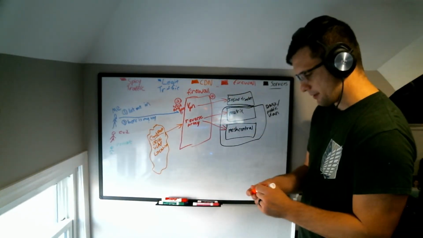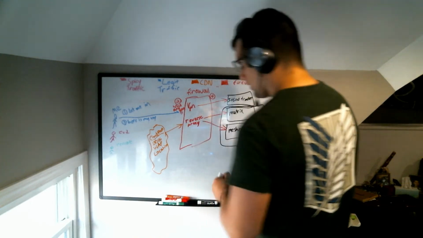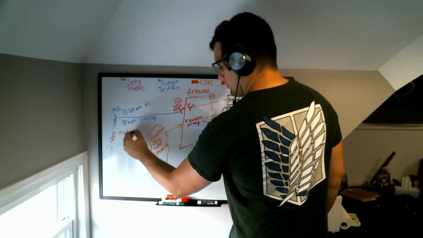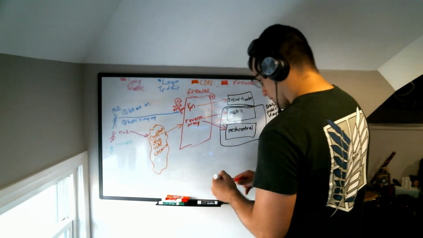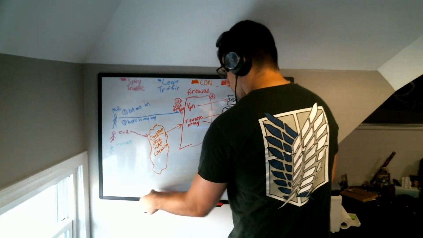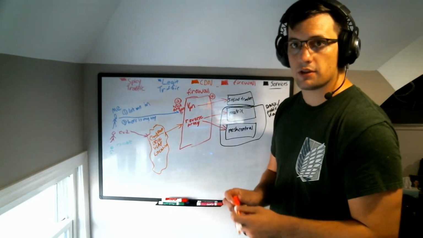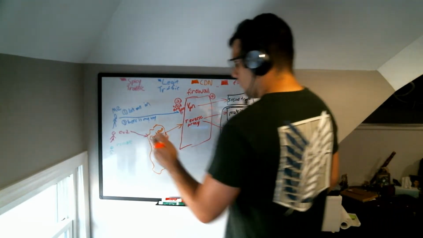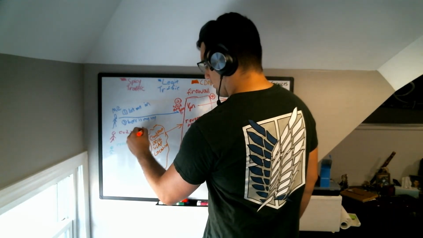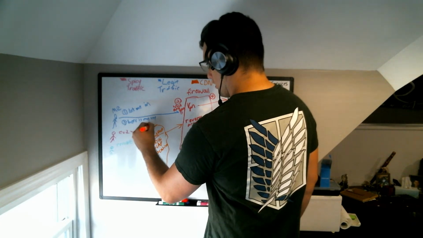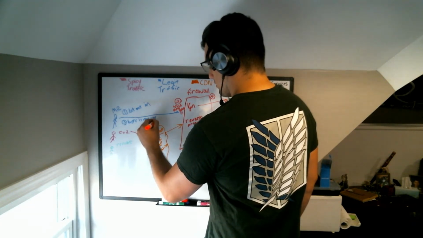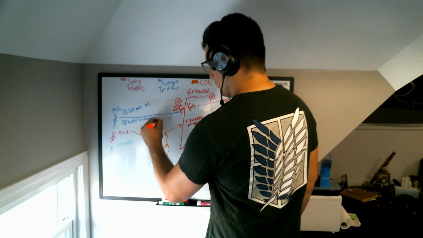So now what can happen is an evil user is going to try to go to Cloudflare, and Cloudflare can either challenge them with a JavaScript challenge, or Cloudflare can be like, go away, we think you're evil.